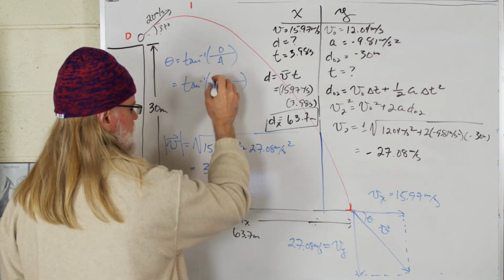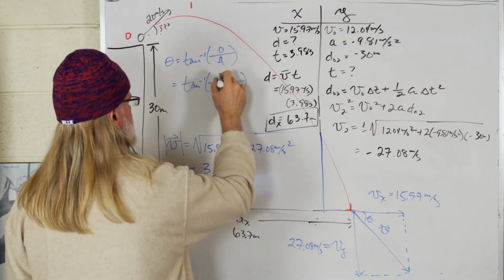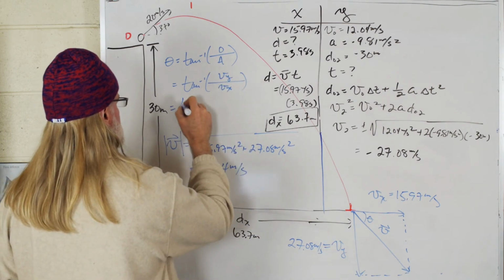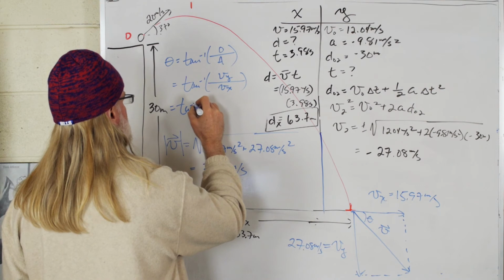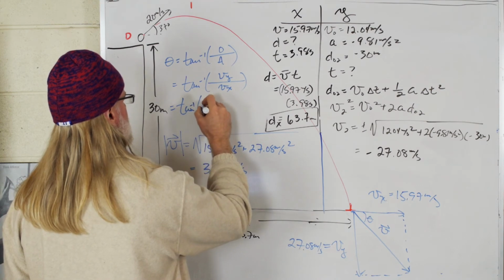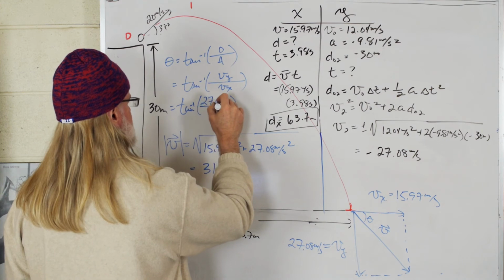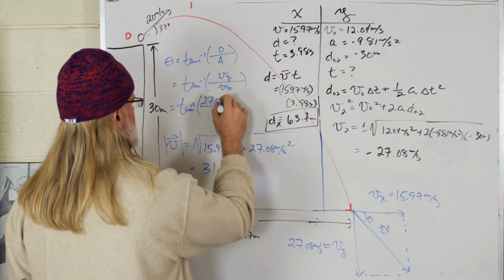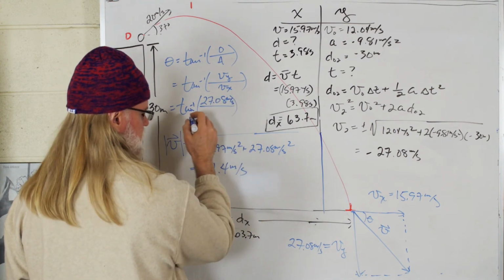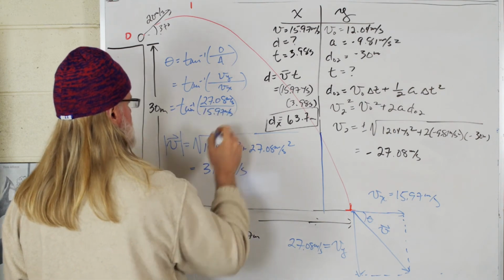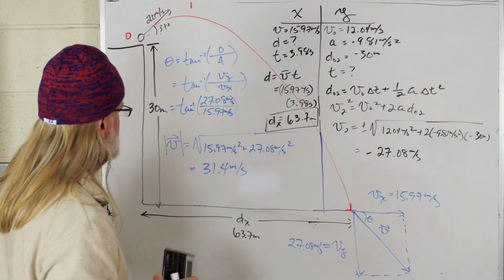The opposite side is Vy, and the adjacent side is Vx. So inverse tangent of 27.08 meters per second divided by 15.97 meters per second.